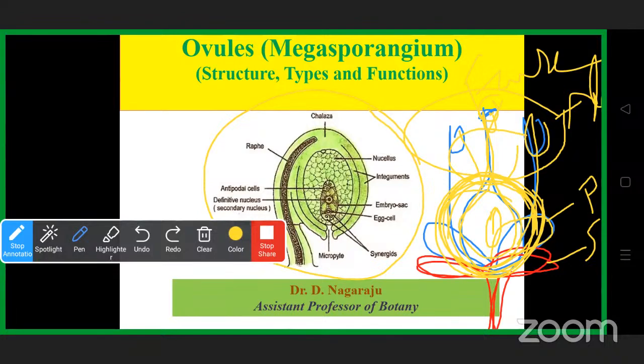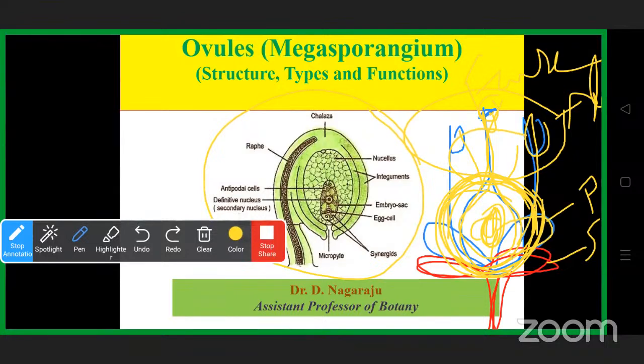This ovule is a female gametangium, also called the megasporangium. It has the megaspore inside it. The ovule is also called the megasporangium. The anther is also called the microsporangium.